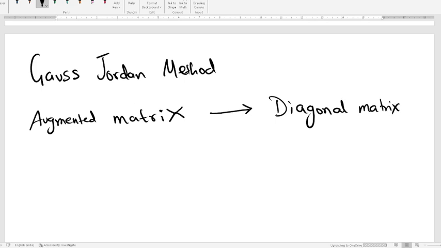See, in the previous one, it was an upper triangular matrix, but here we want it to be a diagonal matrix. What is a diagonal matrix?